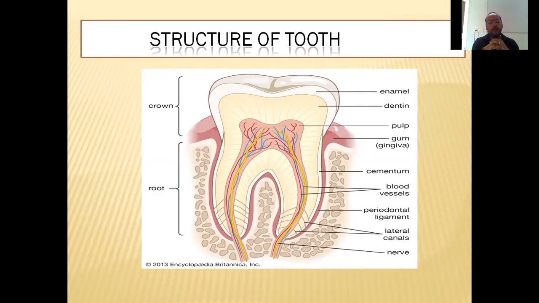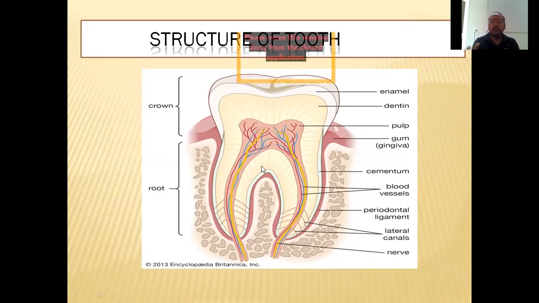That is the top part of the tooth outside the gums. You can see here on the screen, this part outside the gum is the crown. Next we have the neck. It is not mentioned here, but the space between root and crown is known as the neck.